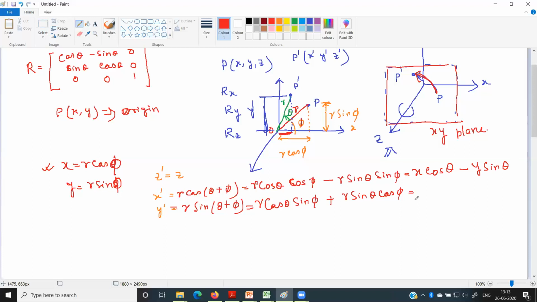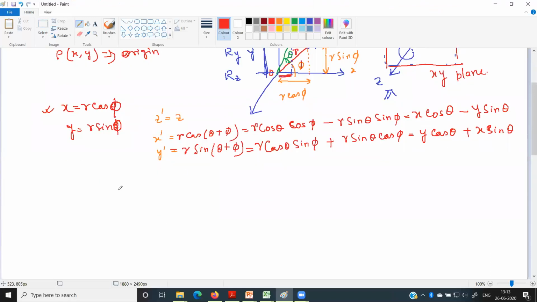Similarly, if you do the same operation over here, r sin phi will be y, so it will be y cos theta plus r cos phi, which is x, so this will be x sin theta.